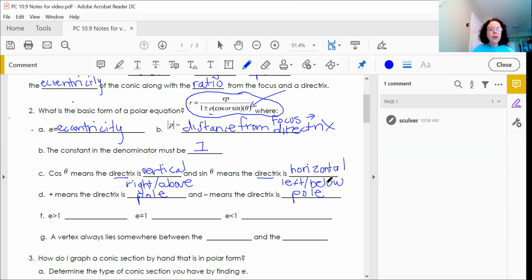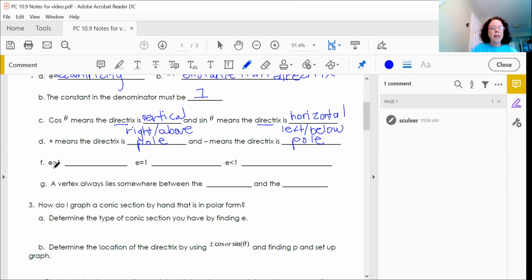Okay, if your E is greater than 1, and again, there is an E in the numerator and denominator, but we use our denominator to get our E, then you have a hyperbola. If your E is equal to 1, you have a parabola.